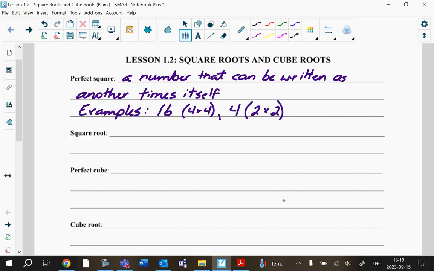Can somebody give me an example of a fraction that's a perfect square? You did them last year.